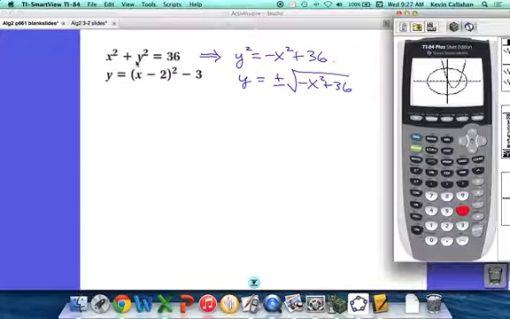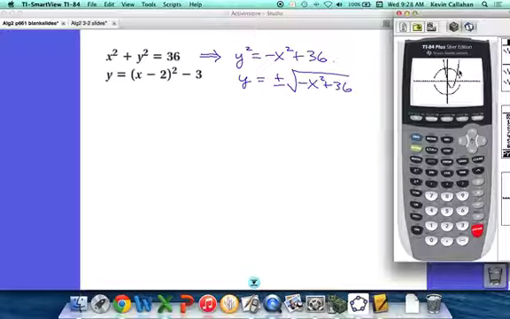It doesn't quite look like a circle, but you could make it look more like a circle if you did zoom 5. Now, notice that the top half is actually one graph, that's this one, and the bottom half, the minus, is there. Now, how many points of intersection do you see between the circle and the parabola? 1 and 2. So now we've got to go through our steps.